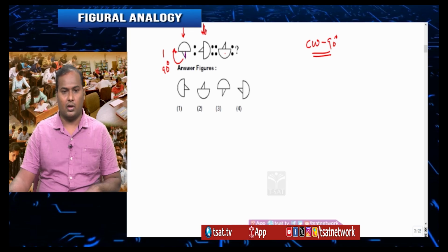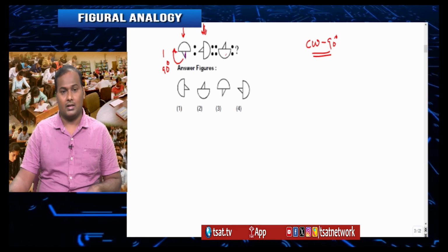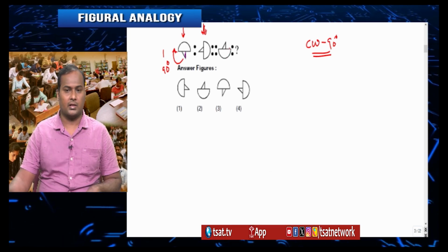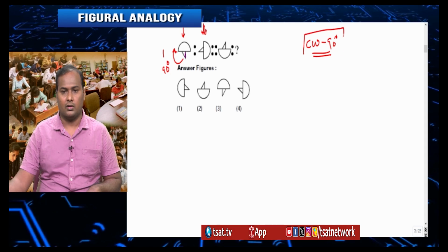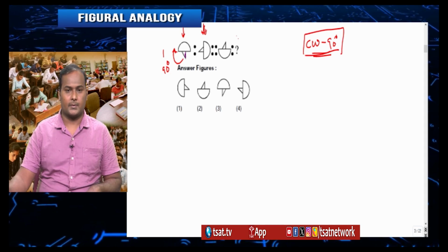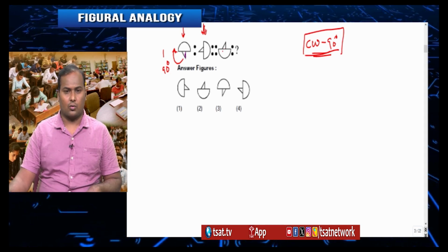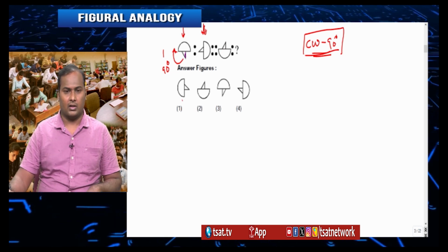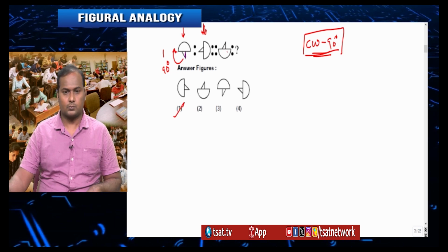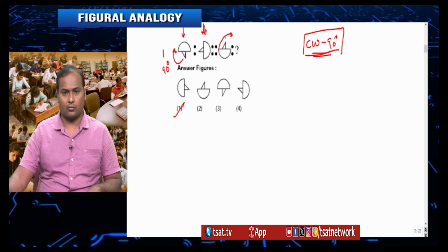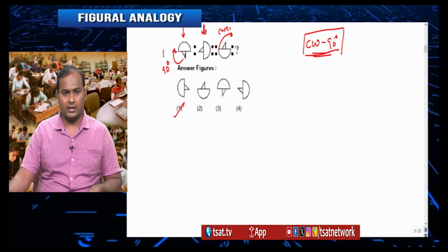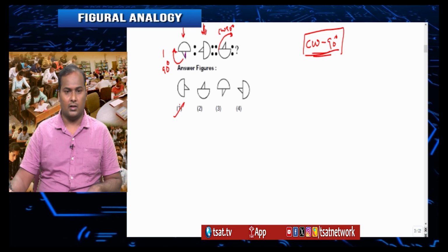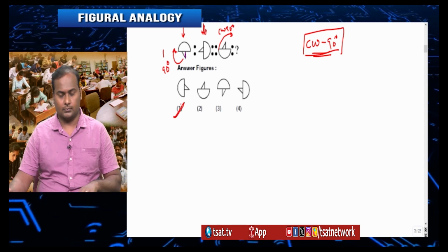So the same thing you have to apply to the next figure to get the answer. That is rotation of clockwise 90 degrees. So if you rotate this particular figure clockwise 90 degrees, you will get the answer as option 1.